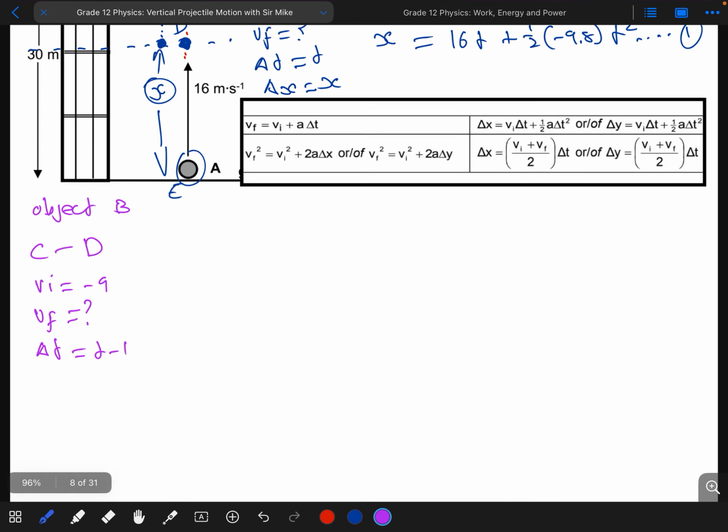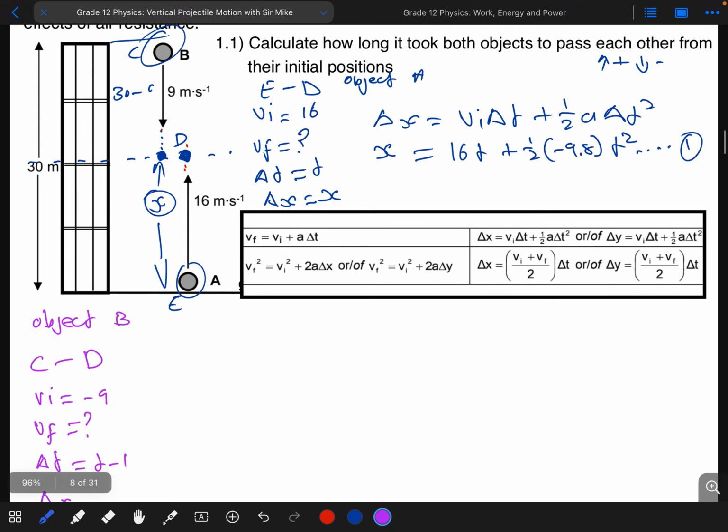Now, my displacement for object A would be x. If this x was, let's say, 15, then the remaining would also be 15, so my displacement for this object would be negative 15.